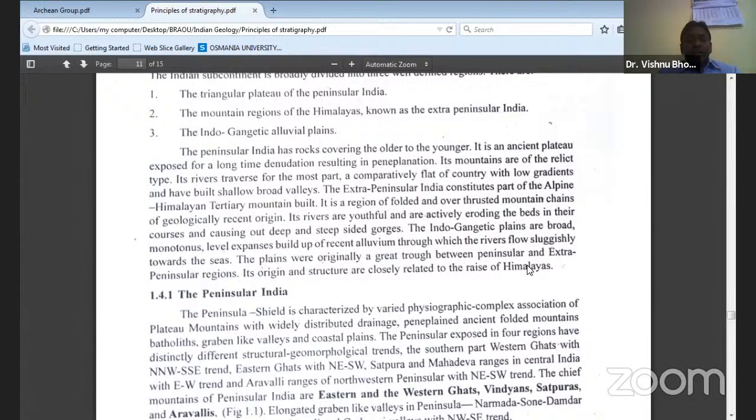These plains were developed between the peninsular and extra-peninsular regions, and are closely related to the Himalayas.